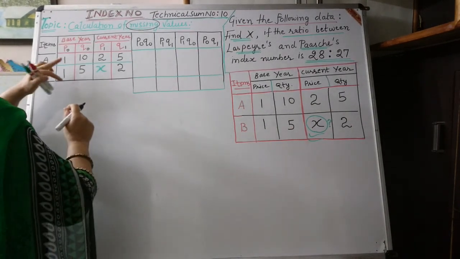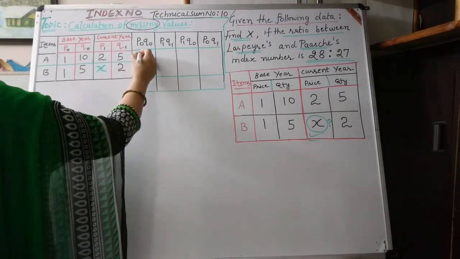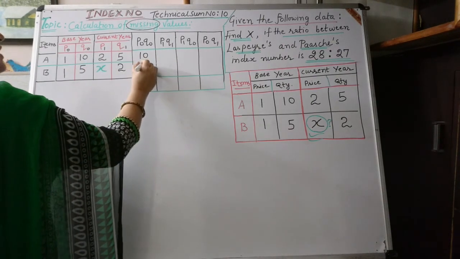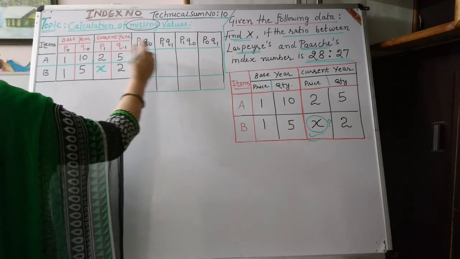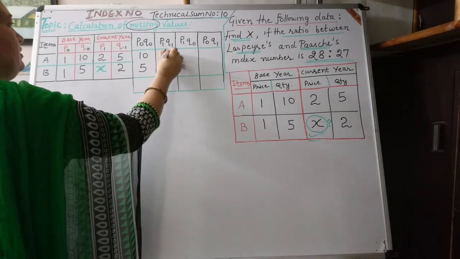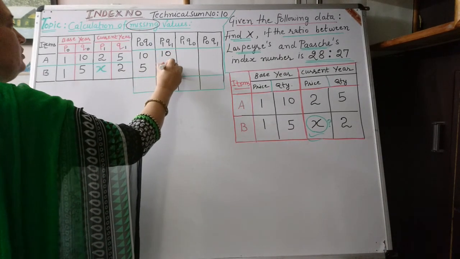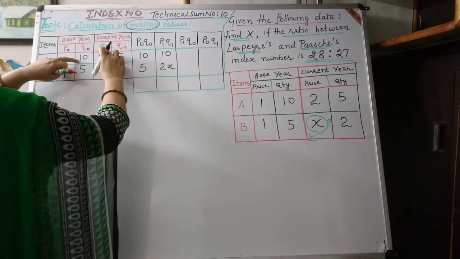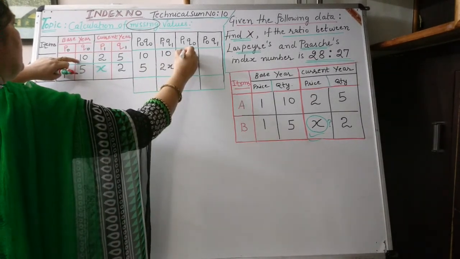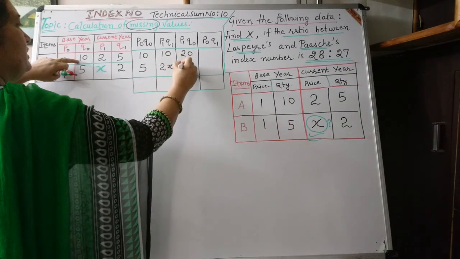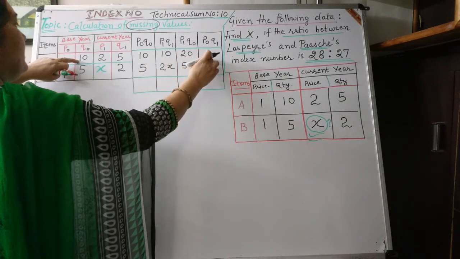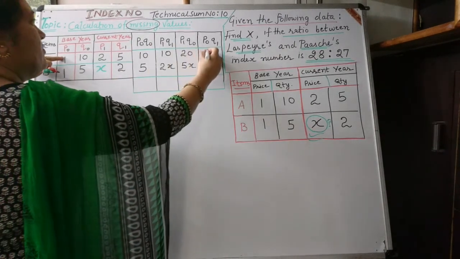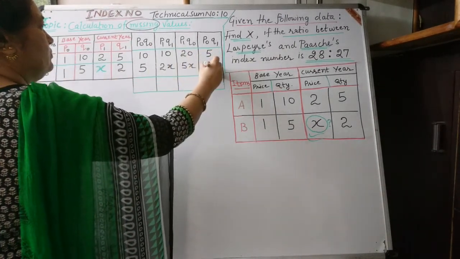Number 1, P0 Q0: 1 multiplied by 10 is 10, then P1 Q1 is 5 times 2x, which is 10 plus 2x, then P1 Q0 is 20 plus 5x, and the last one is P0 Q1, which is 5 times 2, that is 7.